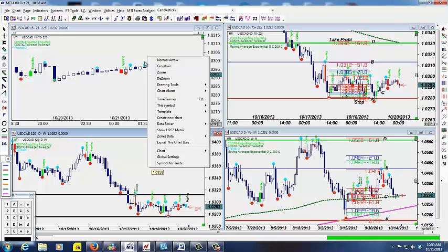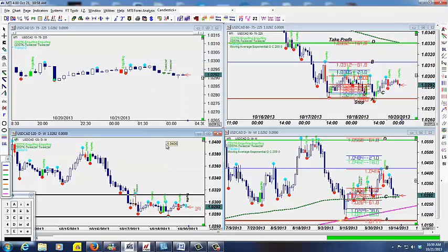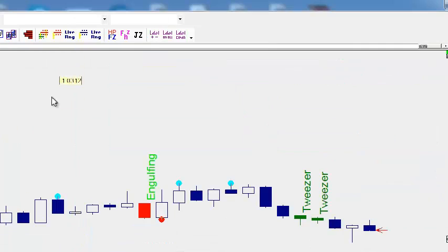Okay? If you can put fractals on your charts, and you should be able to, no matter what trading platform you use, they all have the fractal indicator. Most of them have little arrows. And change your colors to what you want. And do that. Now, I trade off a 15-minute chart. My entries and exits on a 15-minute chart.